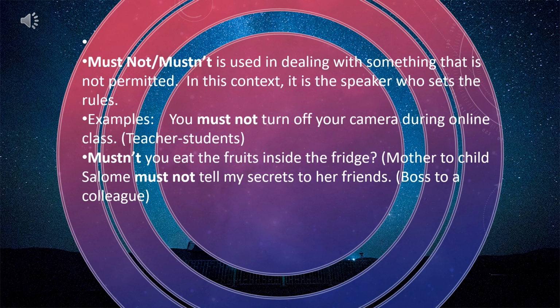Is it? Okay. So again, we use the must not or mustn't as modal expressing prohibition if you're dealing with something that is not permitted, and it is the speaker who sets the rules. Okay, so again, that's the modal verb must not or mustn't.